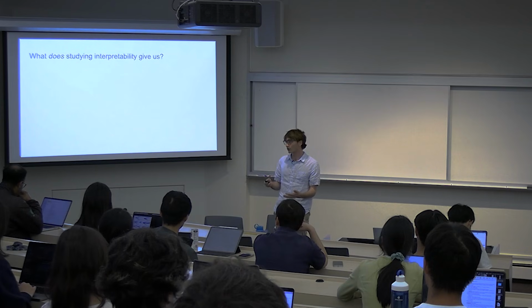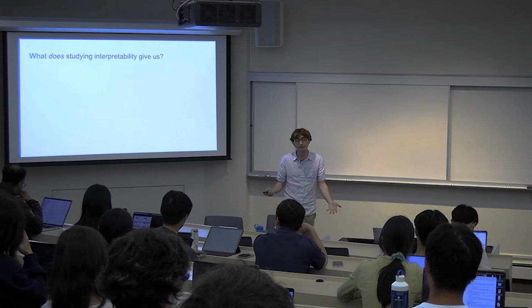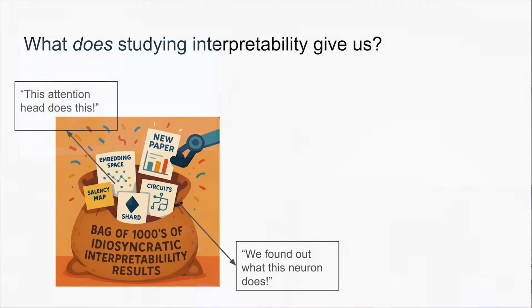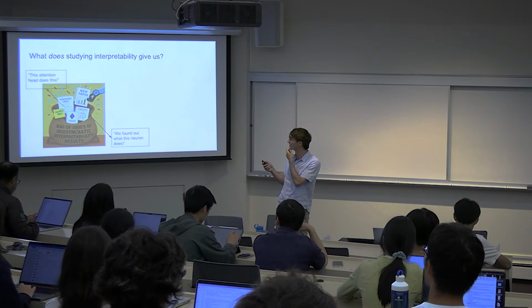Then, contrasting this with what we actually get from doing interpretability: some people would maybe argue we just get this big bag of disparate results on little bits of understanding that don't really relate to each other. I like this GPT image that I got to describe this.